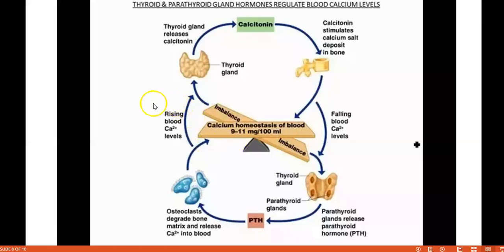But in some cases, when the calcium level in the blood rises, our thyroid gland releases a hormone named calcitonin, and this calcitonin stimulates calcium salt deposit into the bones, and once again we find the normal range of calcium in our blood circulatory system. This is the homeostatic mechanism of calcium by calcitonin as well as the parathyroid hormone.